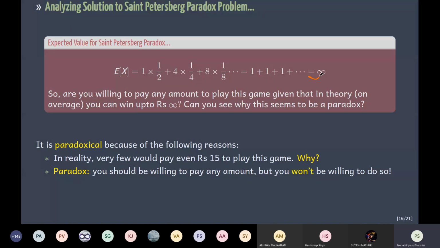In this case, your expectation is maximized up to infinity, but it doesn't make sense to pay even 5 rupees to play this game, because your chances of making a profit are rather low. That's why it's termed a paradox.